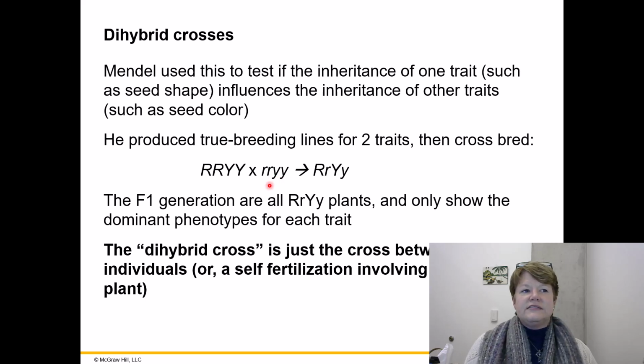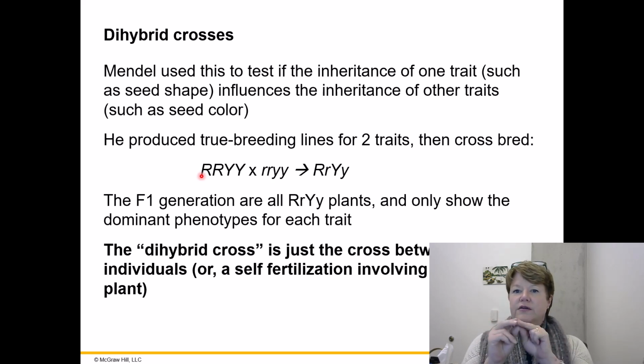What this means is the R gene, whether it's a big R or a little r version, is on one homologous pair of chromosomes, and the Y gene is on a different homologous pair.